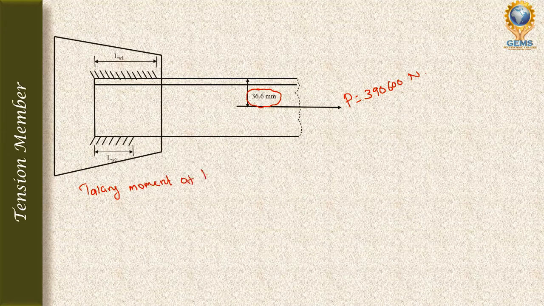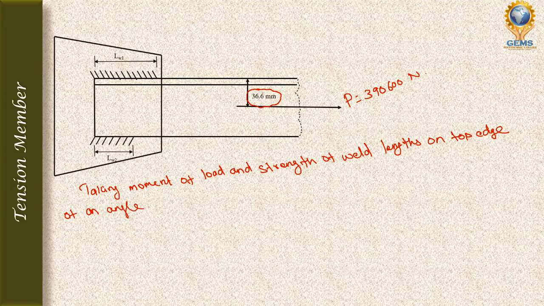From this, we are taking moment of load and strength of weld length on the top edge of the angle. So here we are considering our moment. This distance is 150 mm.